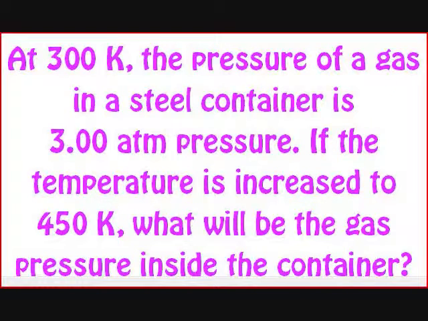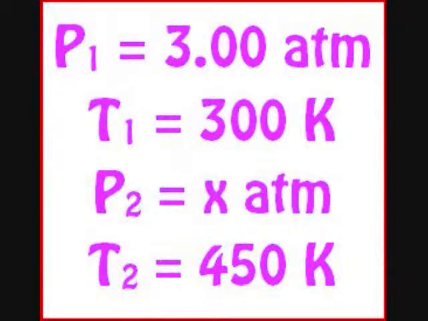For example, at 300 Kelvin, the pressure of a gas in a steel container is 3 atmospheres. If the temperature is increased to 450 Kelvin, what will be the gas pressure inside the container? First, we must identify the variables. The initial variables are pressure 1, which is 3 atmospheres, and temperature 1, which is 300 Kelvin.